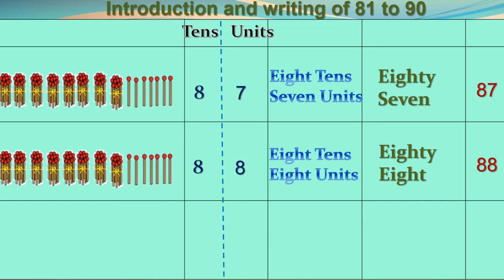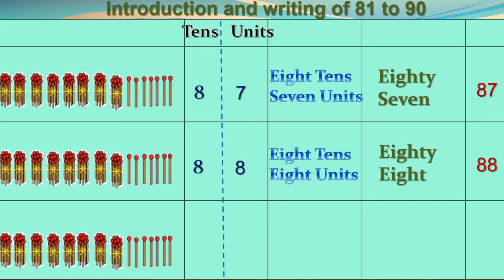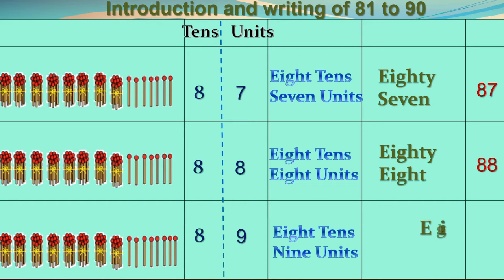Dear children, here we are going to add one more to 88. See here. So we got 8 tens and 9 singles, that is 8 tens and 9 units. The number formed is 89. 80 and 9.